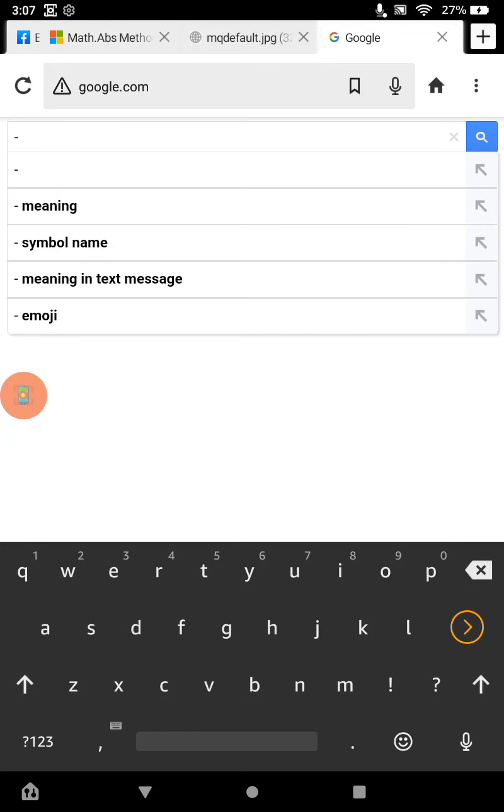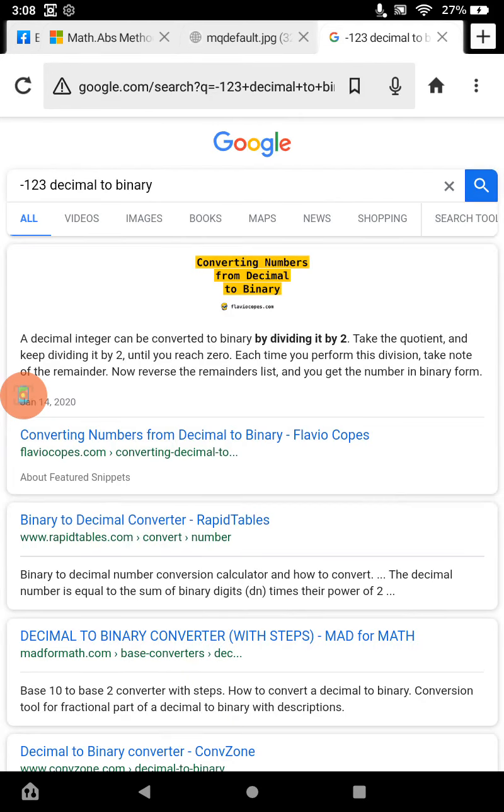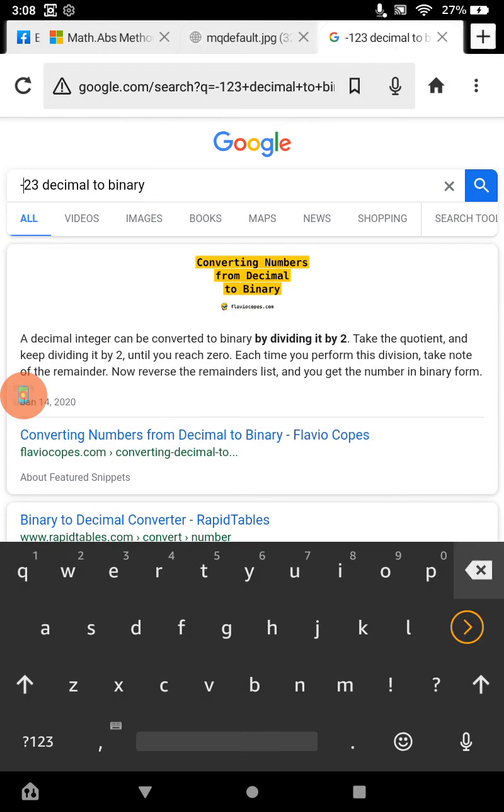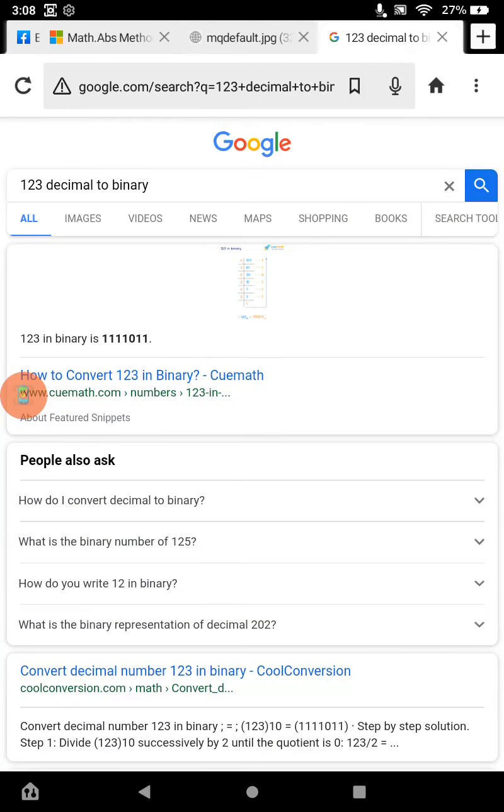Do negative 123 decimal to binary. Just take away that negative sign. Okay.